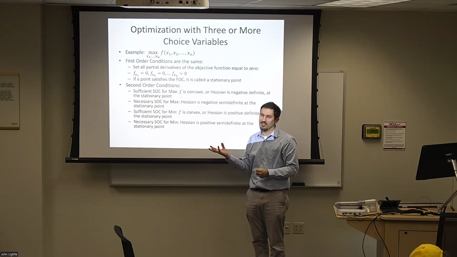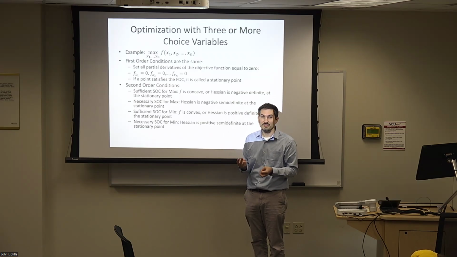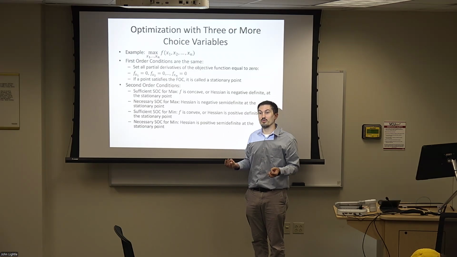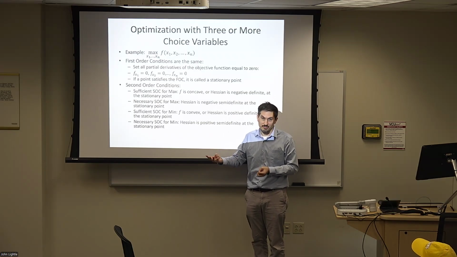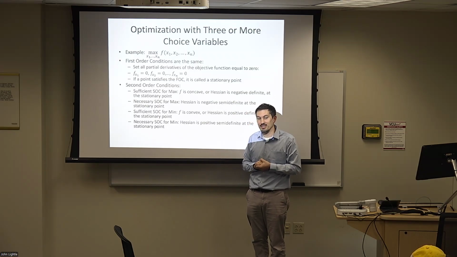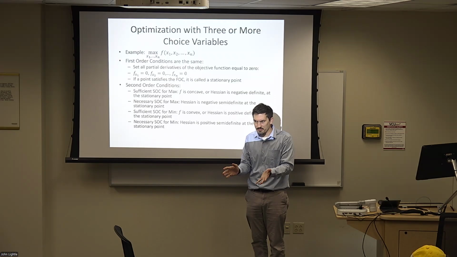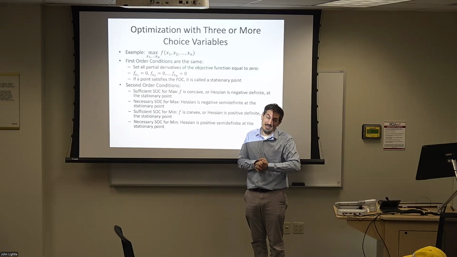And I'm going to be doing a lot of examples with just two choice variables. Could you do it with more than two? Yes, you could. I would like for you to know how it would be done with three choice variables or four choice variables. But for me to actually ask you to do it on a quiz, it would just take too much time. I don't want you to spend all that time doing it. For an exam, I also think maybe not.